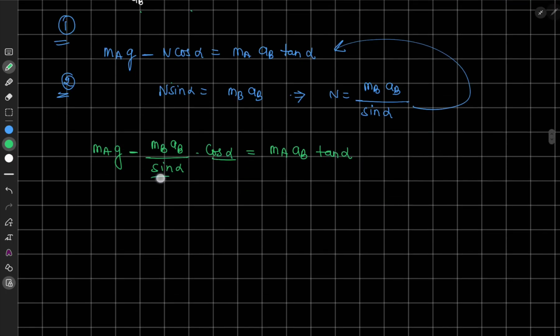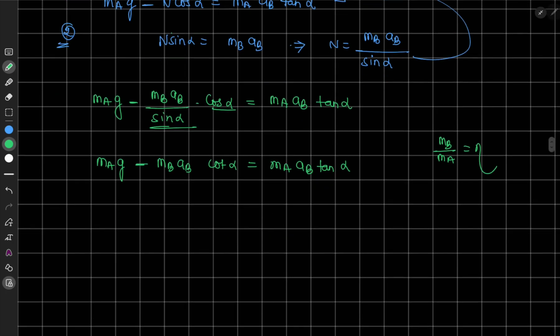Cos alpha divided by sin alpha is basically cot alpha, so we can write mA g minus mB into aB cot alpha is equal to mA aB tan alpha. We know mB by mA is equal to eta, so let us divide the entire equation by mA. So we will get g minus eta aB cot alpha is equal to aB tan alpha.